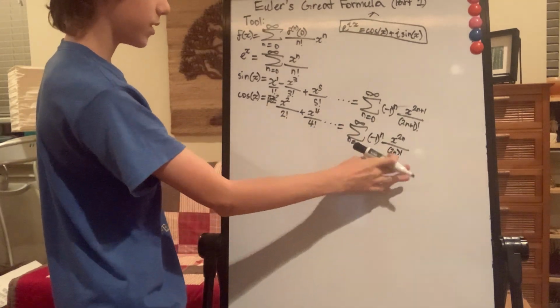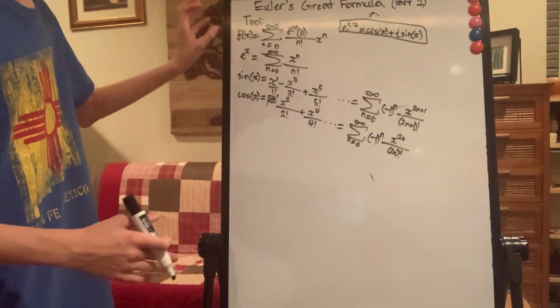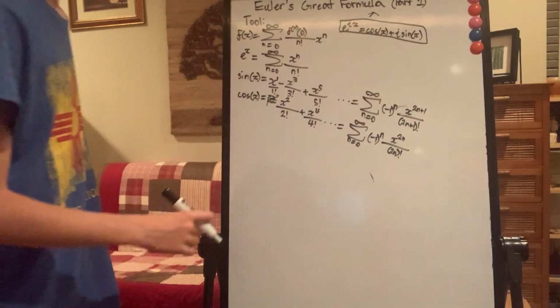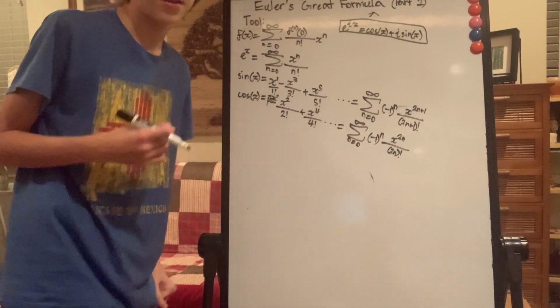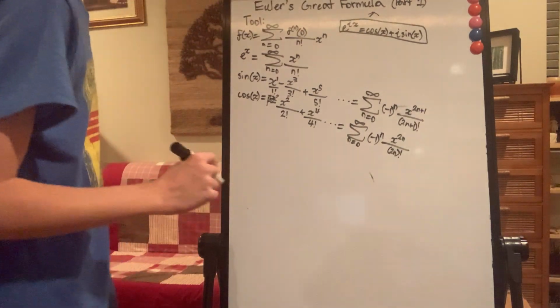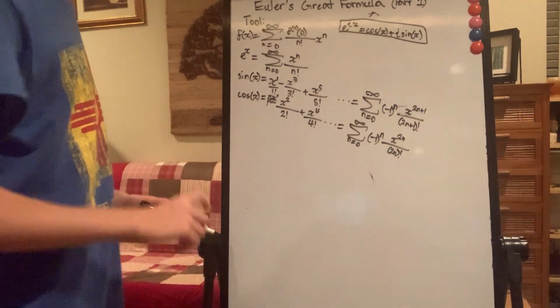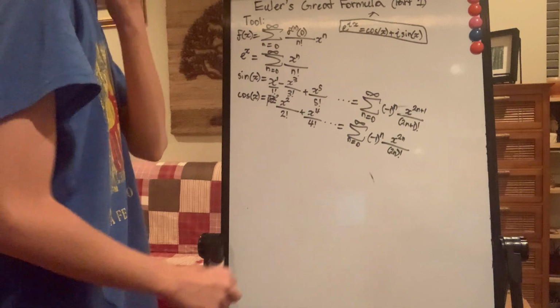You can verify that this works. So these are our two series, and this is our e to the x series. Now we're all set, and we can find the radius of convergence for these.